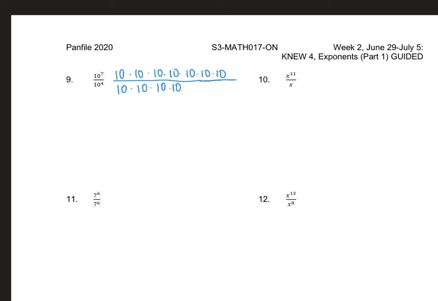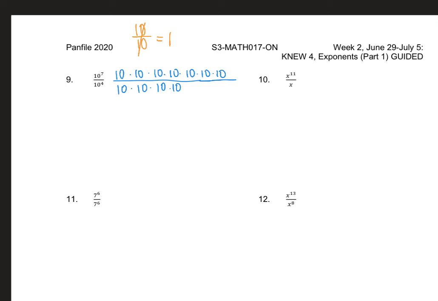Now, what happens is, basically, if I were to say, away from this problem, 10 divided by 10, we've talked about this. Anything divided by itself is equal to 1. So if I cancel any one of those mini division problems out, I can do that.